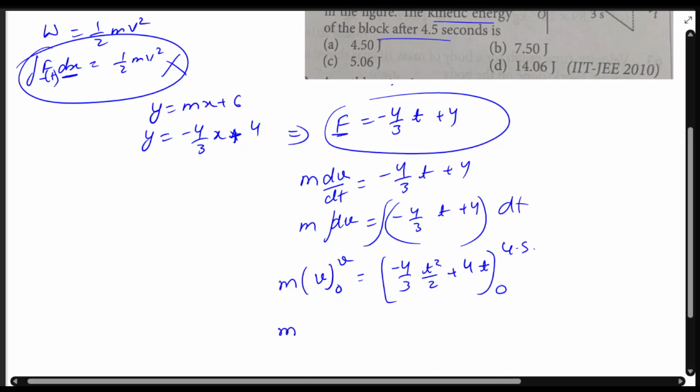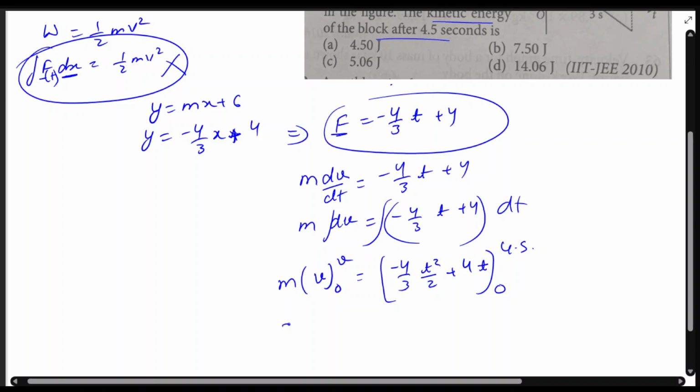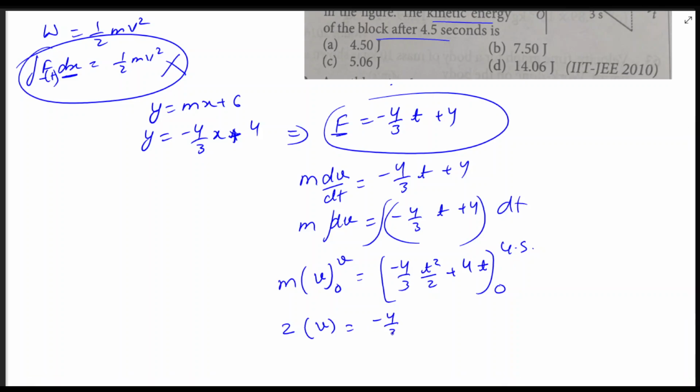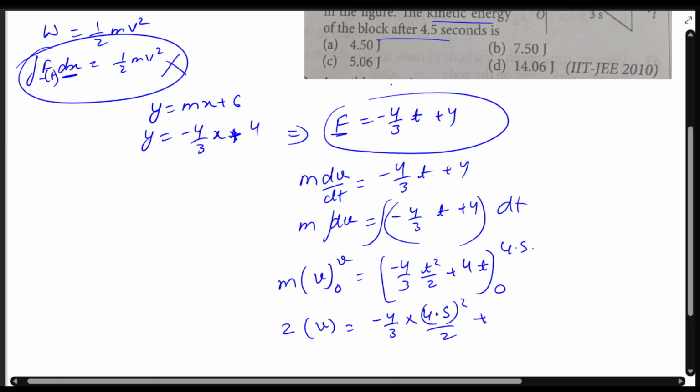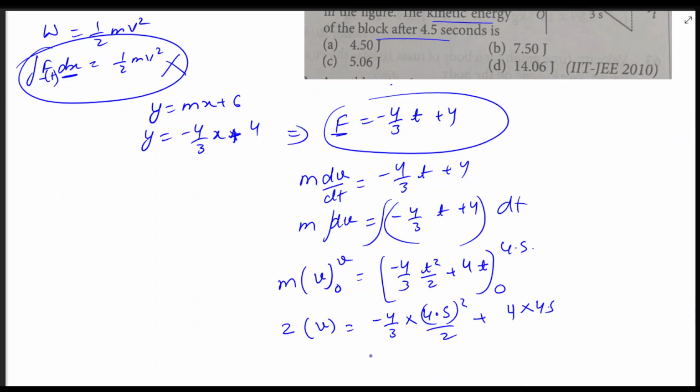Now m is 2, right? So 2 into v will be equal to, let's put 4.5, minus 4 by 3 into 4.5 square by 2 plus 4 into 4.5, and the other will be 0.